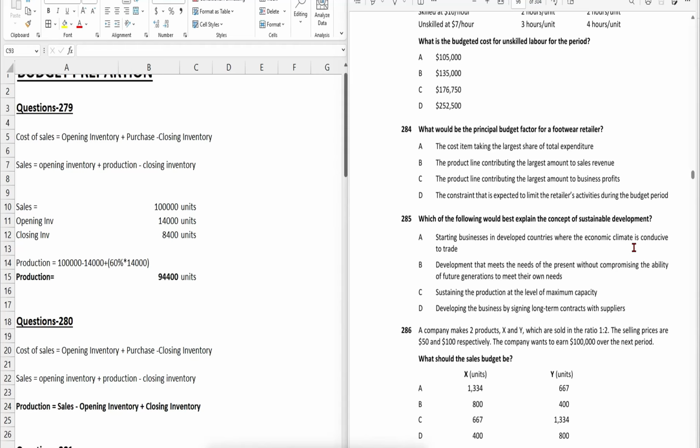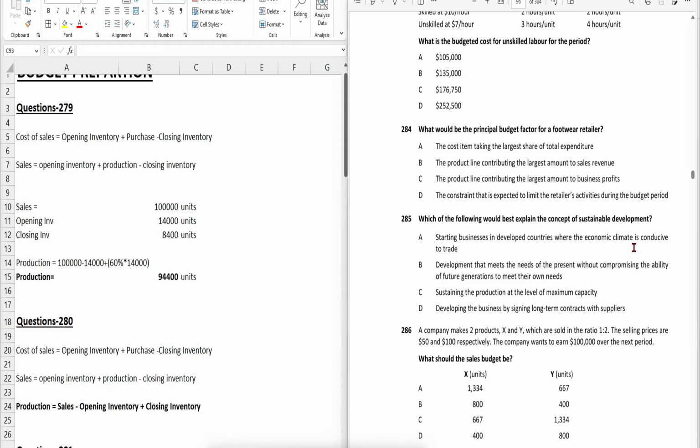So we should start our business in the developed market or not, right? So it's not defining the concept of sustainable development, so it's not correct. And option B says development that meets the needs of the present without compromising the ability of future generations to meet their own needs. This is exactly the definition given in the book.